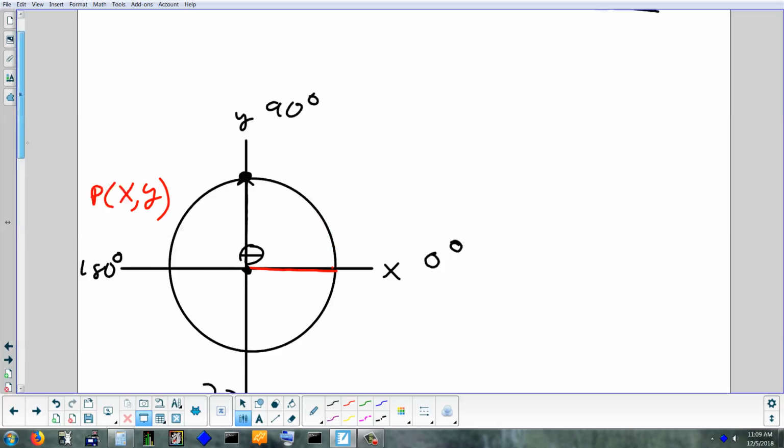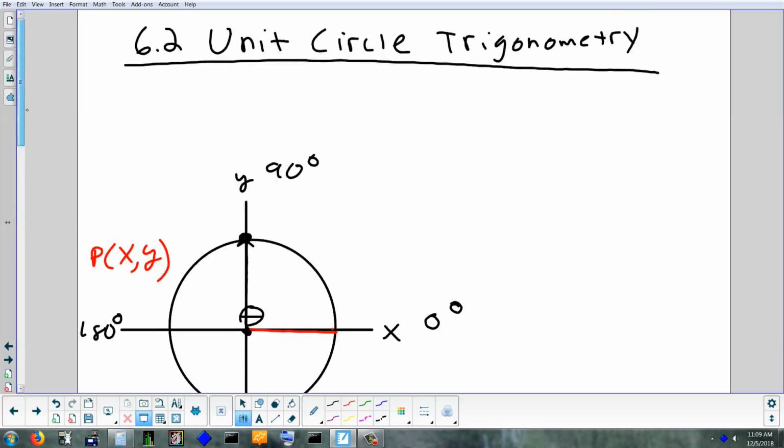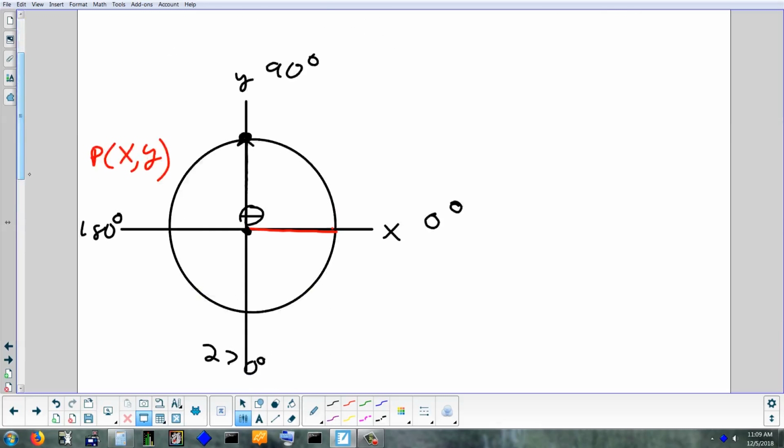Now, this is on a unit circle. What's a unit circle again? It's a circle with a radius of 1. So to get to 90, if that's the origin, you went up and you stopped right on the edge of the circle. How far is it to go from the center to the edge of the circle? One unit.